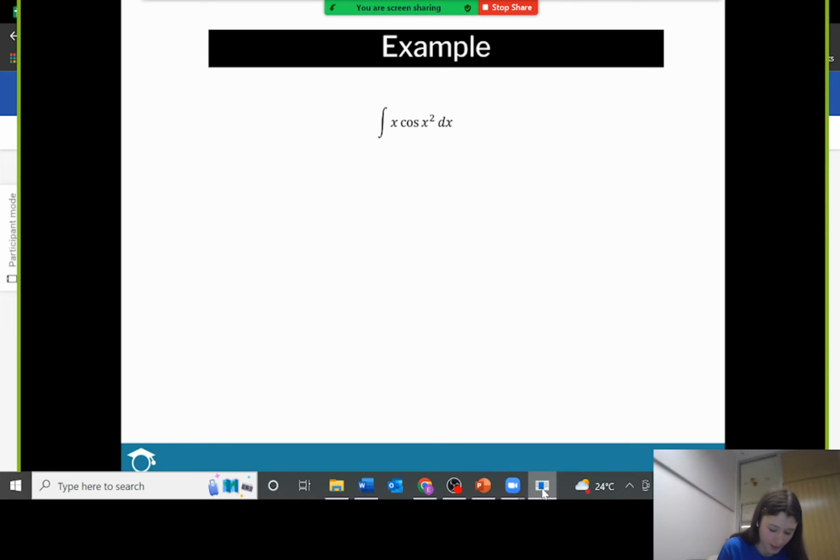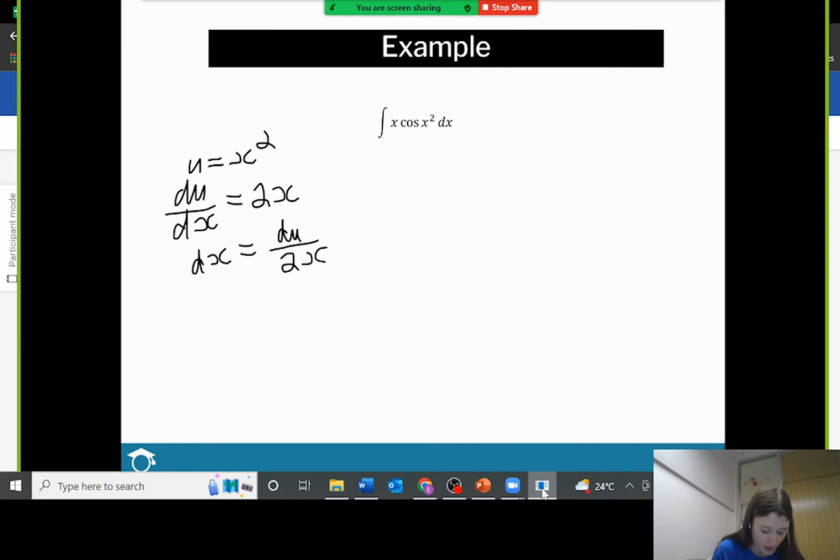So, if u is x squared, du dx is going to be 2x, and therefore dx is going to be du on 2x. Therefore, our integral is going to be x cos u multiplied by du onto x, and then these two x's that we don't want are going to cancel out.